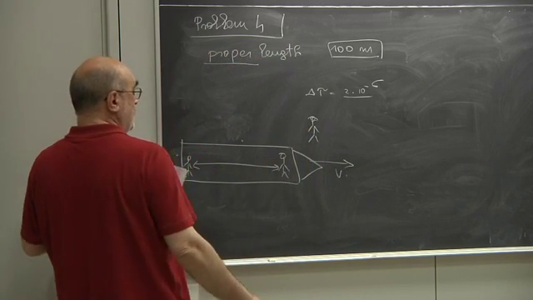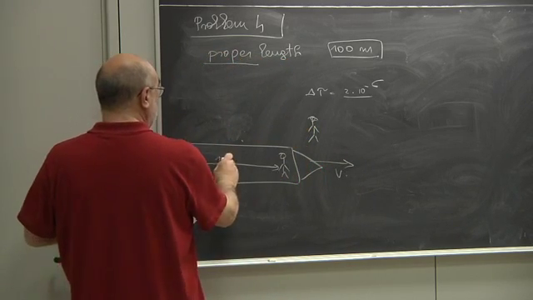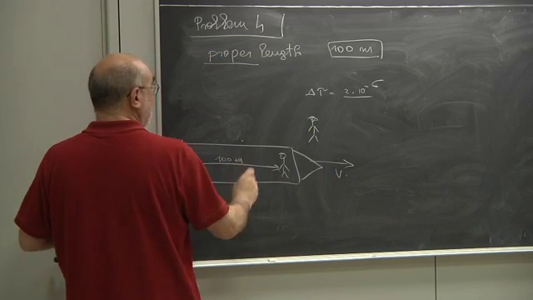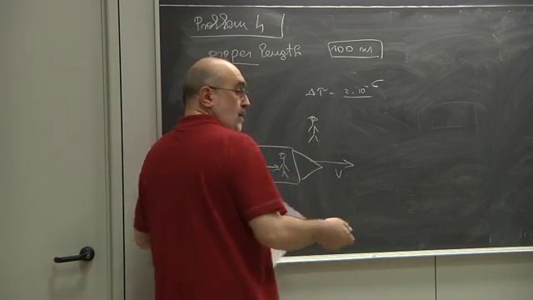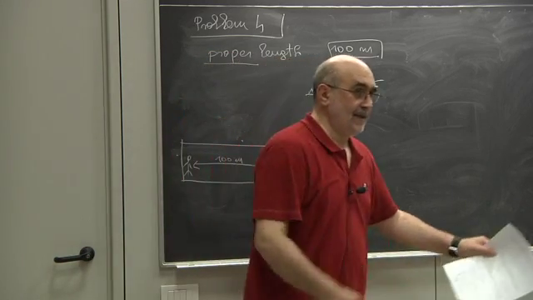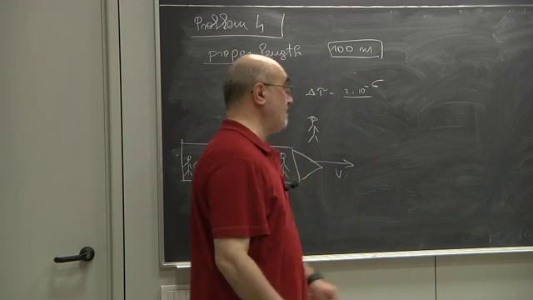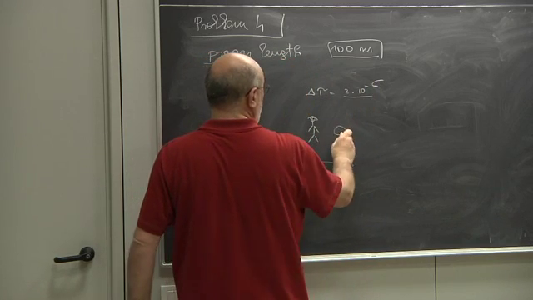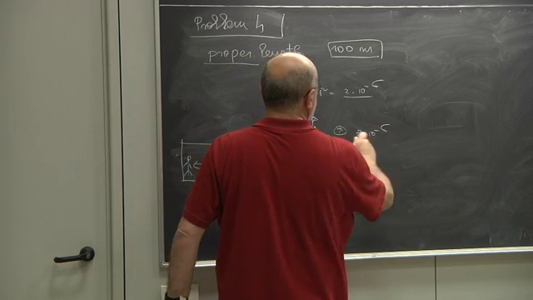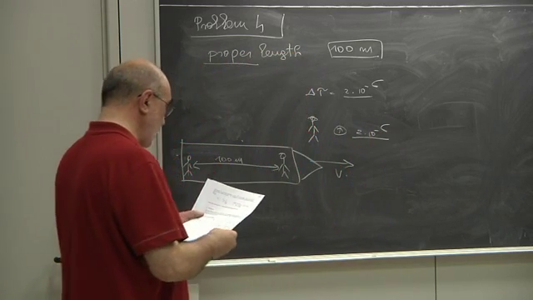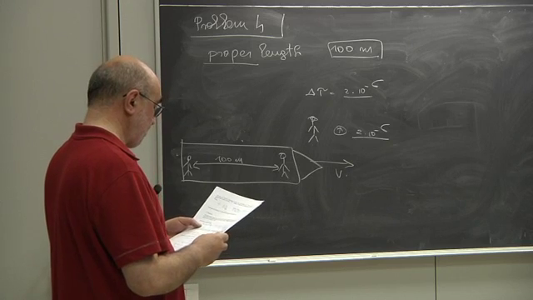He is outside at rest. Those inside measure, and the proper length is 100 meters. They move at some speed. He cannot run after it because it goes very fast, so he measures the time with his watch, and he gets that it takes 2 times 10 to the minus 6 seconds to pass him.